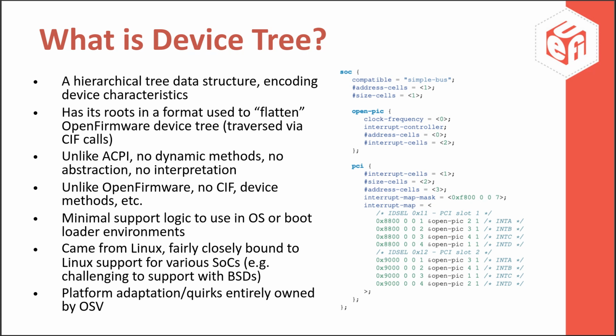In many ways, operating systems such as BSD today have trouble maintaining device tree support because it can and does change in a random manner across operating systems. The idea of device tree, though, is that the entire adaptation of the platform for an OS is entirely owned by the operating system. There's no abstraction.